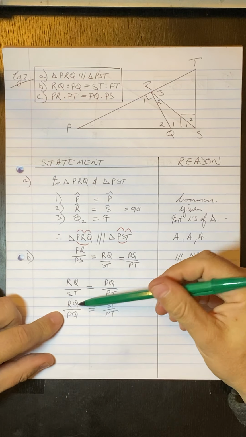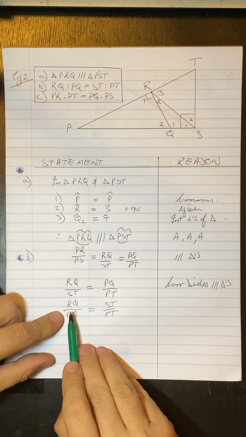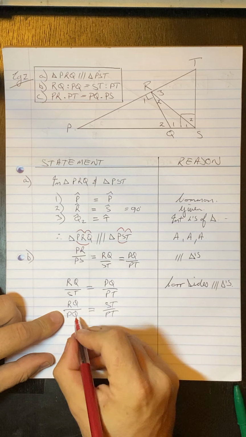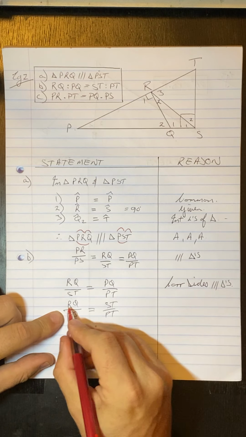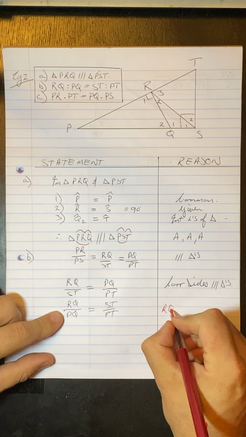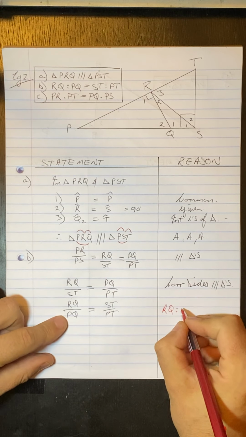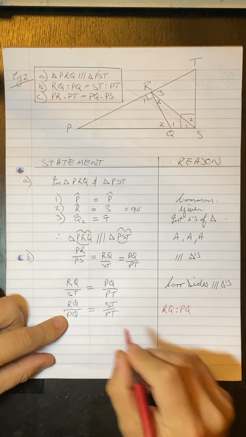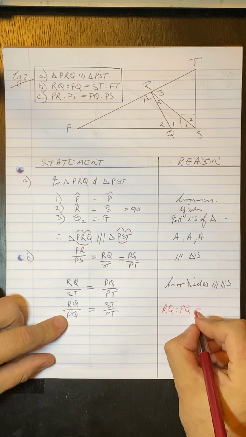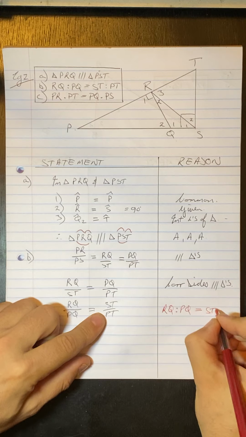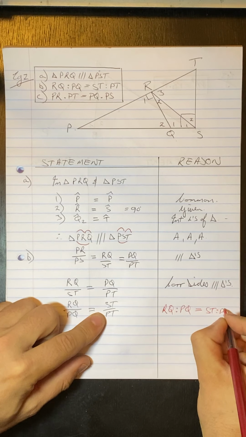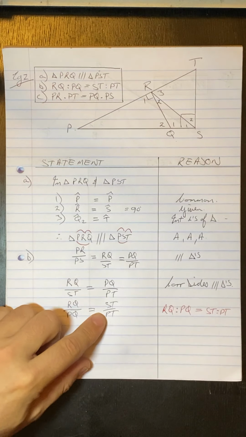Now you're probably saying, well, that's not the same as this. Yes, it is. Okay, because, and this is not part of the reason, I'm just going to rewrite this. That is the same as saying RQ to PQ. You remember that's what the division line means, is equal to ST to PT. And that's exactly what they wanted.